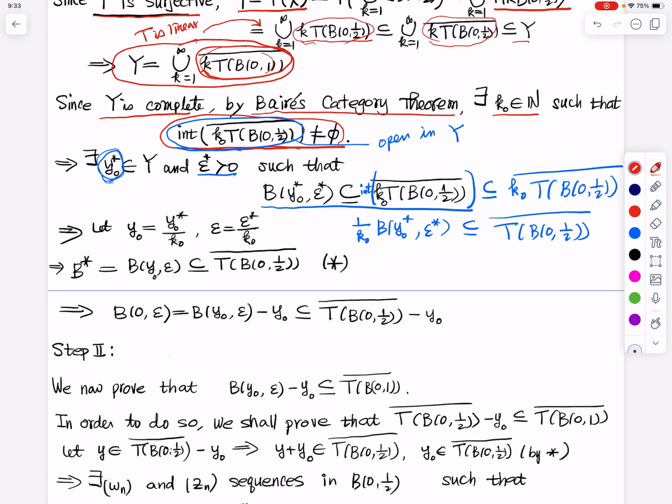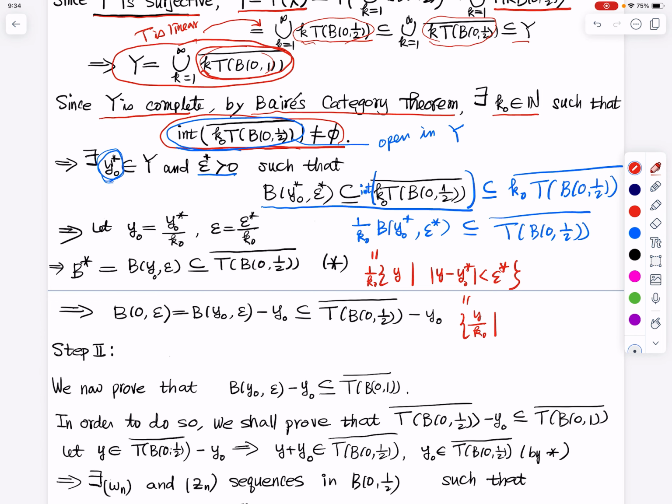This is the same 1 over k0 times the set of y such that the norm of y minus y0 star is less than epsilon star. I think it's better to write it in this way. And then you put it in k0, that is exactly y over k0.